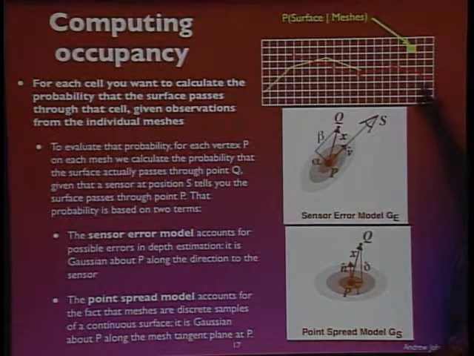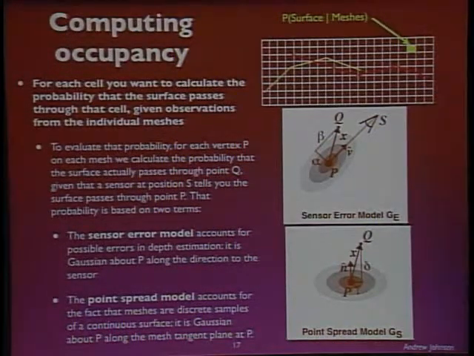It could be back here a little bit, it could be up there a little bit, and there is some uncertainty. To formalize this, you think about a sensor error model: if my 3D surface sensor tells me that a point is 4 meters away, it might be 4, but there is a little bit of a probability that it's actually 3.9, and it could also be 4.1.